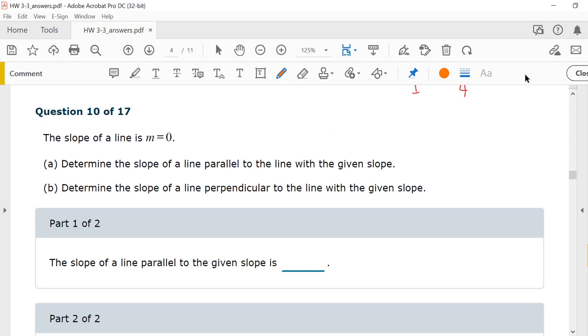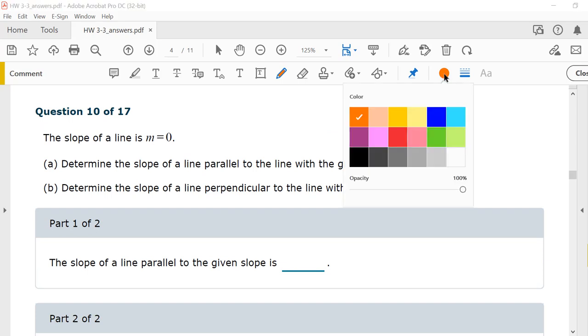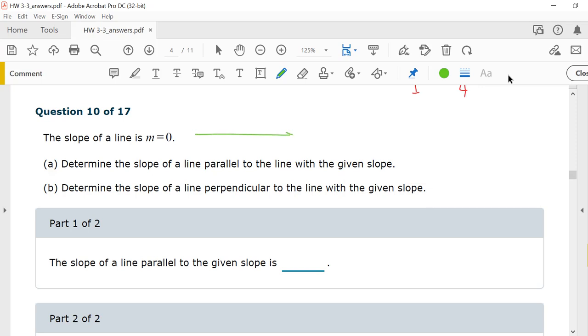Number 10. The slope of a line is 0. Those are special lines. A horizontal line has slope 0. So our line is horizontal. Determine the slope of a line that's parallel to the given line.